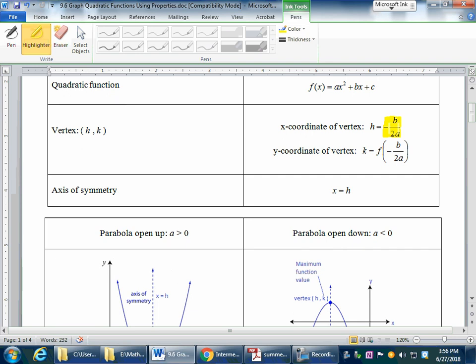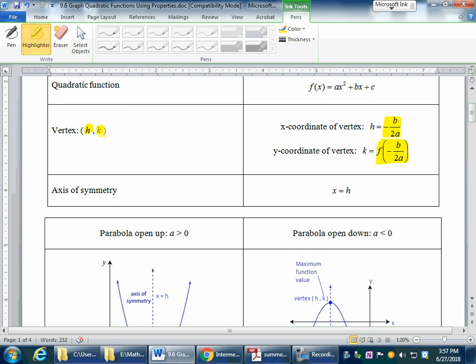If you know the x-coordinate, all you have to do is plug it into the function to get your y-coordinate. So the y-coordinate, denoted by k, is basically f of minus b over 2a. And that will give you an ordered pair h, k, which is the vertex.